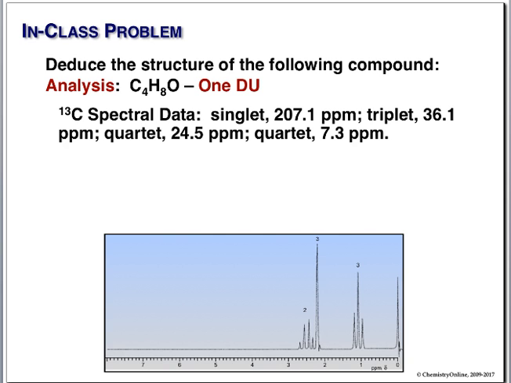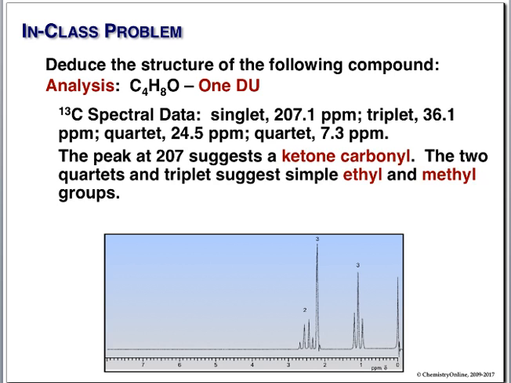Okay. Ketone carbonyl. We have a triplet and a quartet, that's an ethyl group, and we have a methyl left over. Proton NMR, what do we have? Our triplet and our quartet are screaming what at you? They are screaming ethyl.